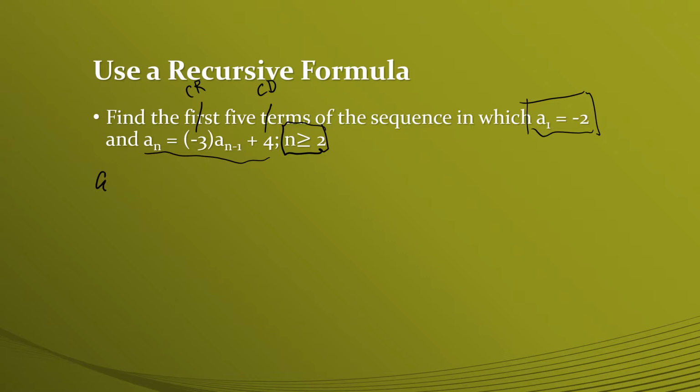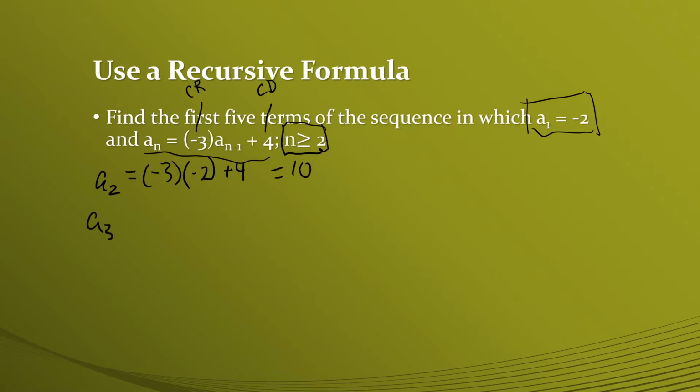So I can say that a2, substituting 2 for n, is equal to -3 times a(2-1). In other words, I'm going back to the first term of the sequence, which is -2, plus 4. -3 times -2 is 6, plus 4, and so that equals 10.